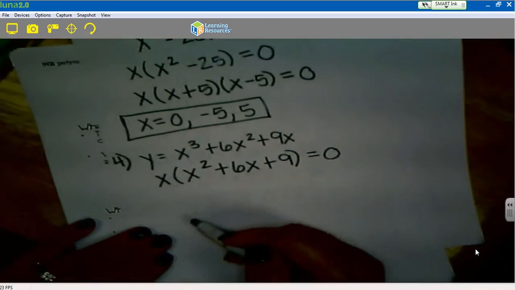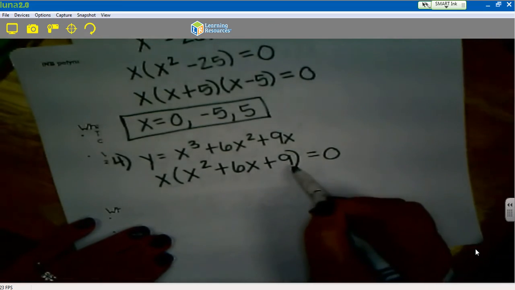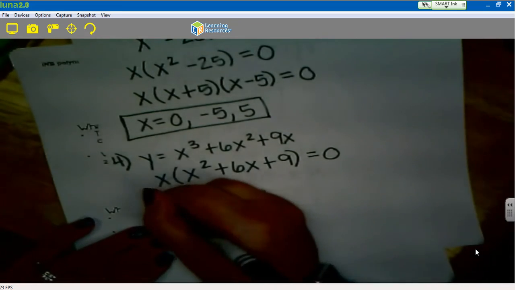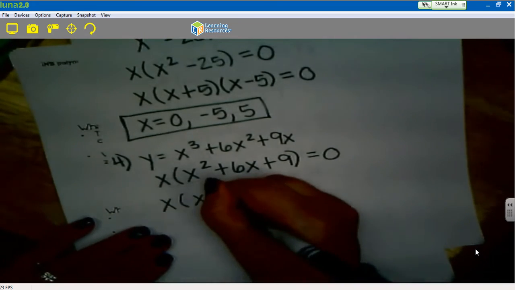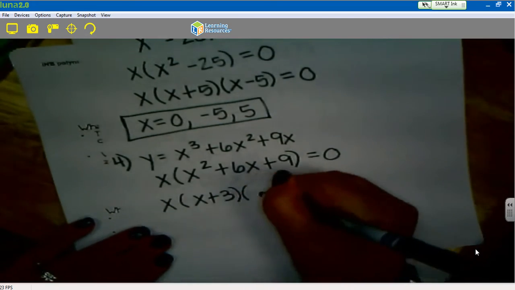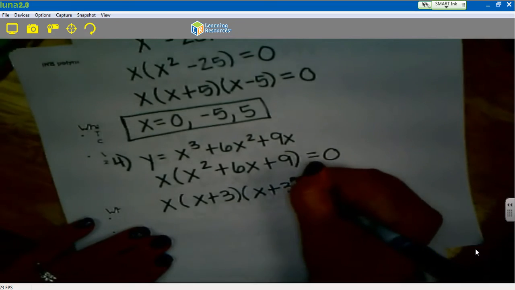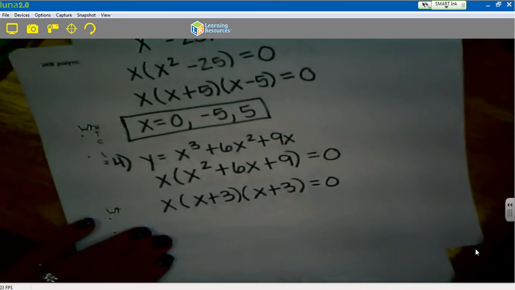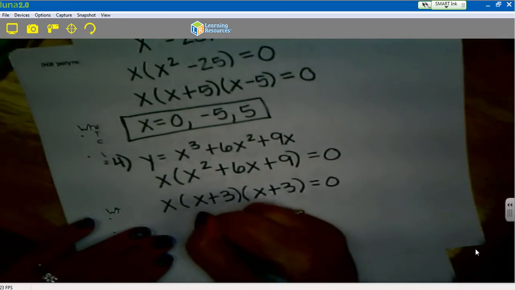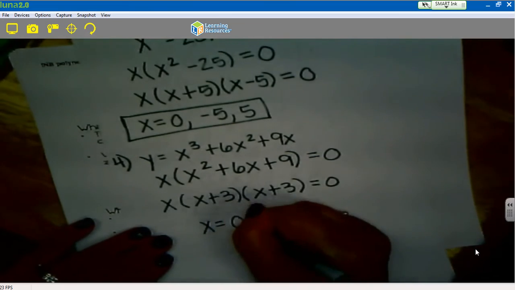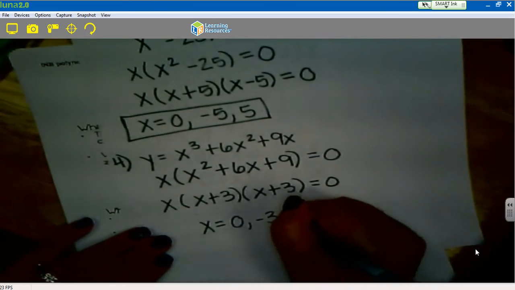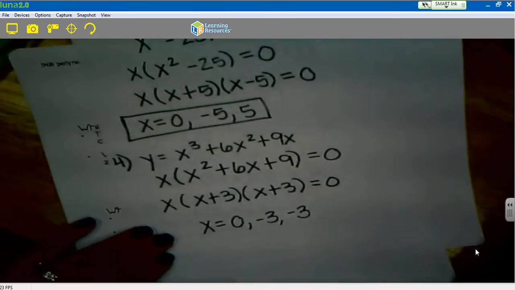Okay, inside, can we factor? What multiplies to give us 9? Adds to give us 6. Well, that's 3 and 3. So our value of x is equal to 0, negative 3, and negative 3 again.